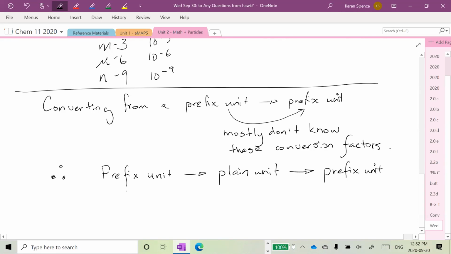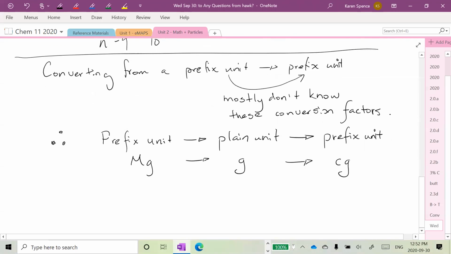For example, we might have megagrams, and we could convert megagrams into grams because we know that 1 megagram is 10 to the 6 grams. And we could then convert that into any other kind of grams, such as centigrams, because we know that 1 centigram is 10 to the negative 2 grams.